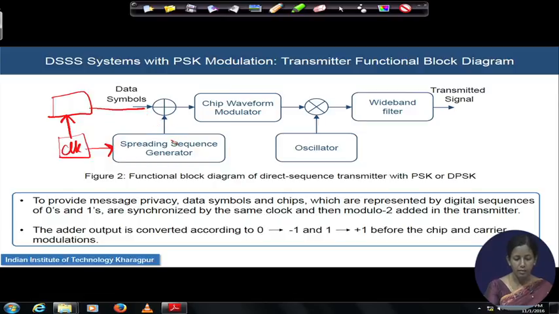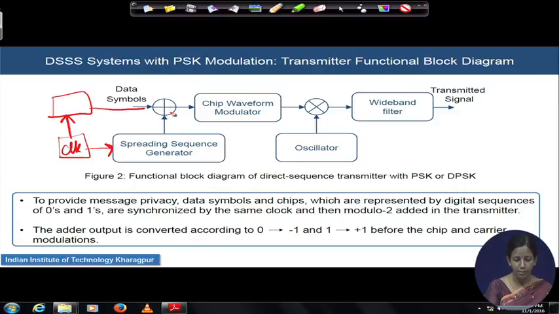and these are added in this block, and before the chip waveform modulation, they are added together, and finally this is an oscillator. This is the modulo-2 addition going on inside it to give the equivalent effect of the multiplication of dt with pt.